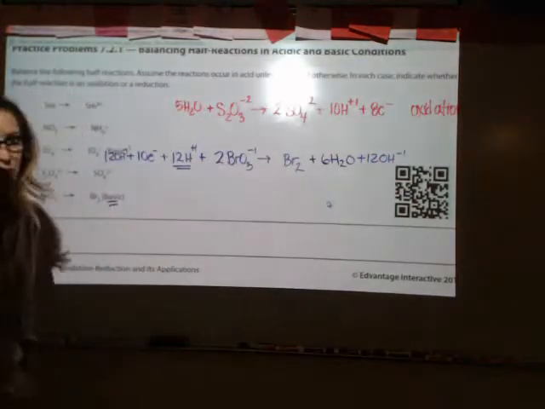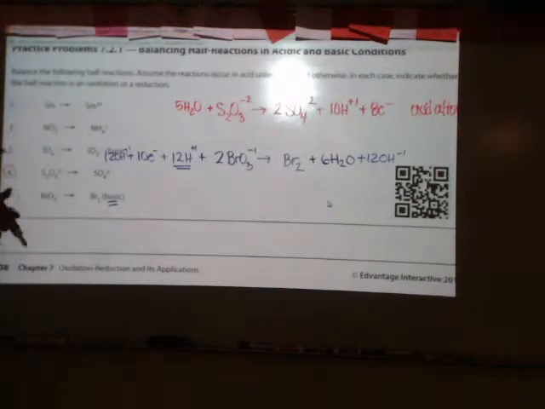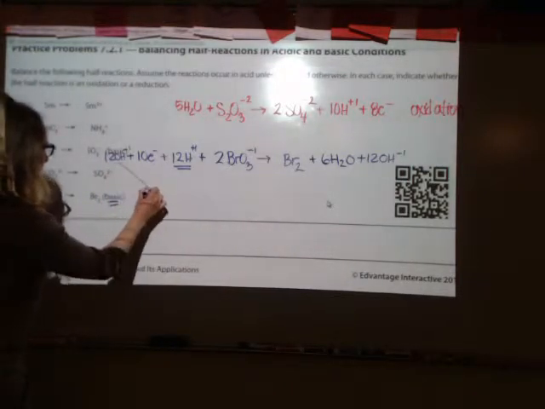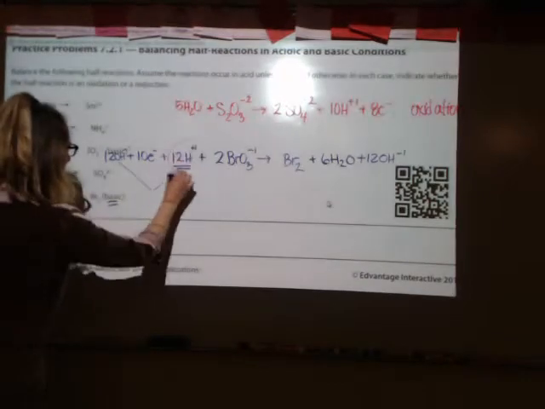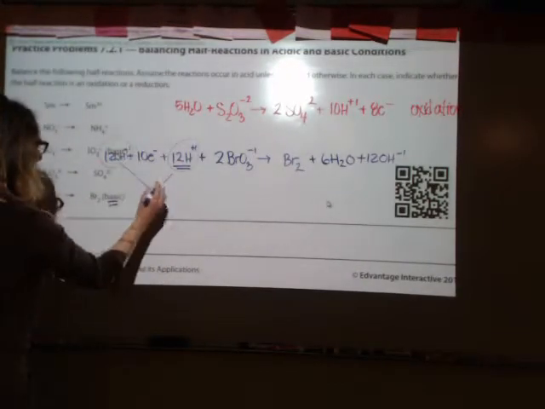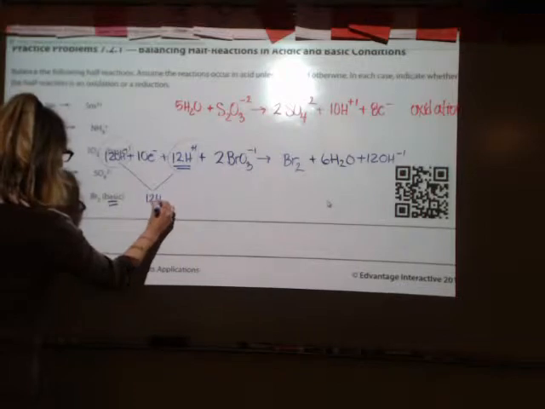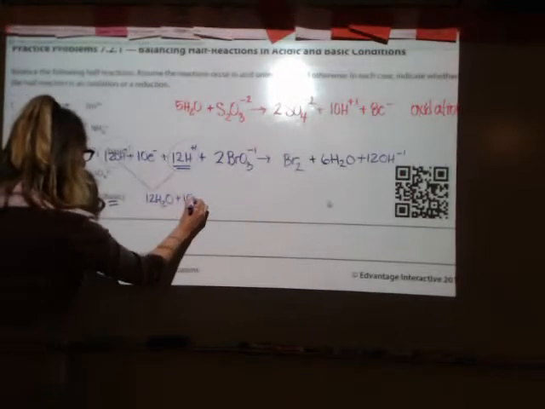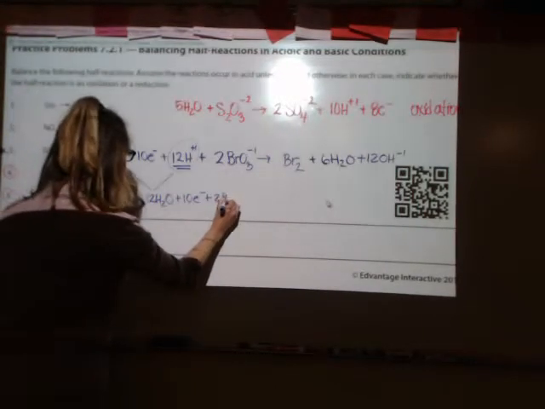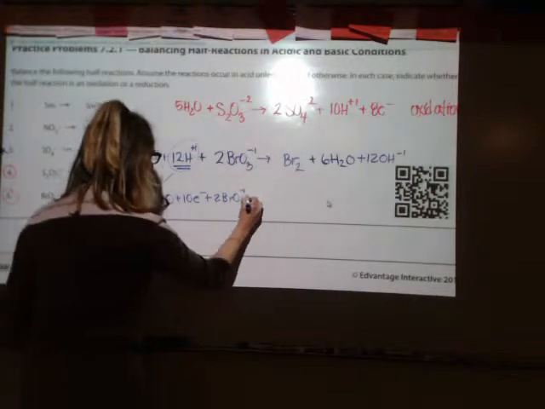Then combine them. So now you're going to combine the hydroxides and the hydrogen ions to make water. So this is 12 water. And then cancel whatever you have.